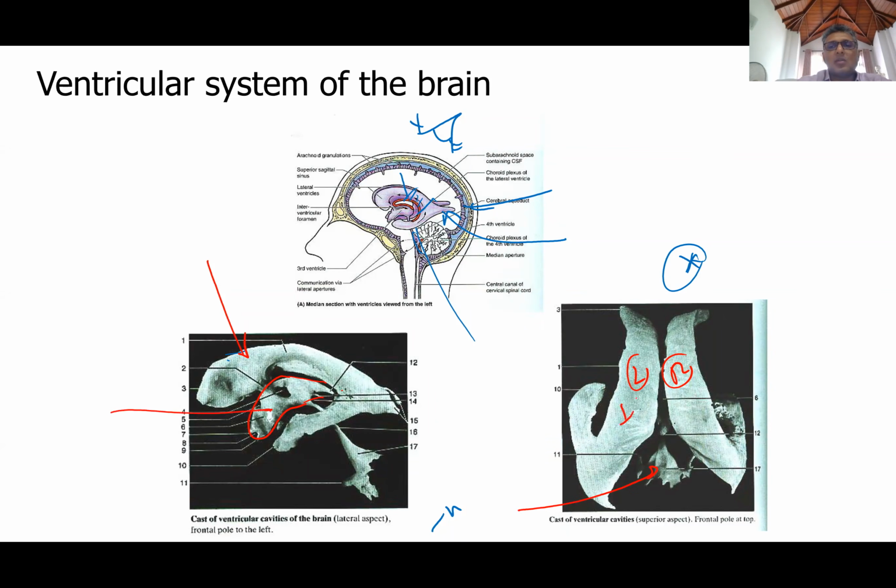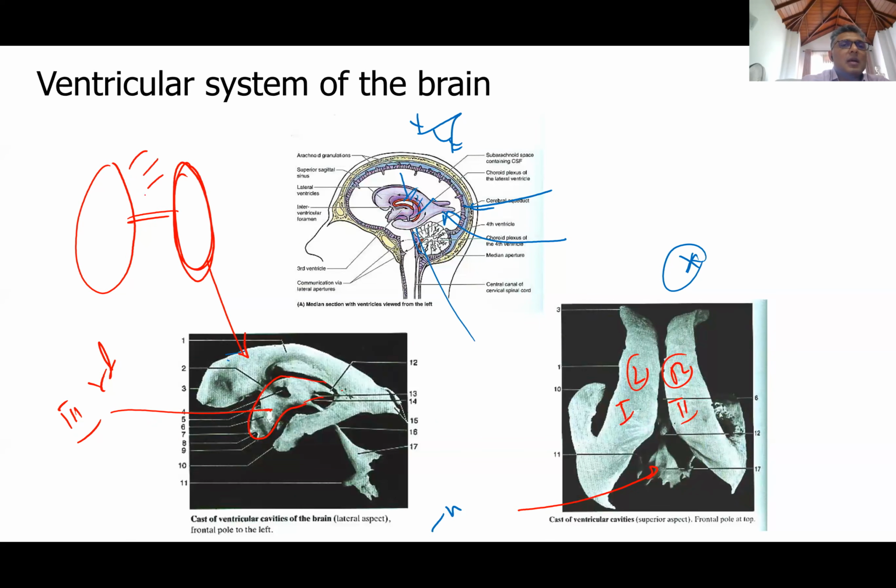Now that one lies between the two thalami. We said one thalamus is like this, another thalamus is like that, and you get the interthalamic connection. This area is the third ventricle.